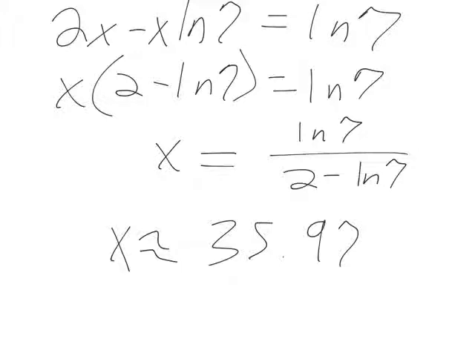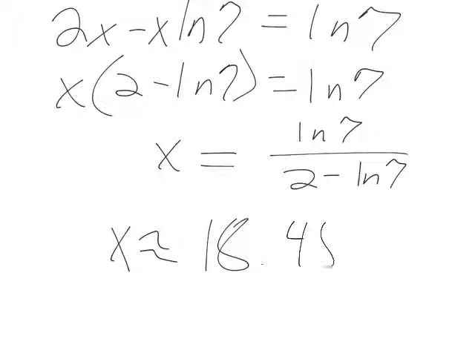Alright, so let me see if I can get rid of it. Hang on a second. There we go, that cleaned up nicely. Alright, it's 18.4878 if we go 4 decimal places. Okay, and that is how we do our equations where we take the natural log of both sides to bring the exponents down.